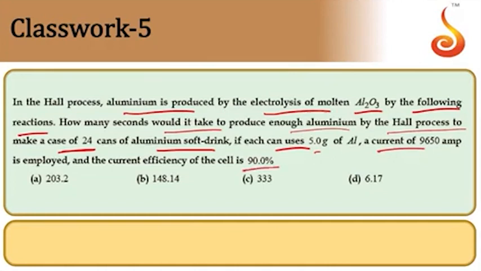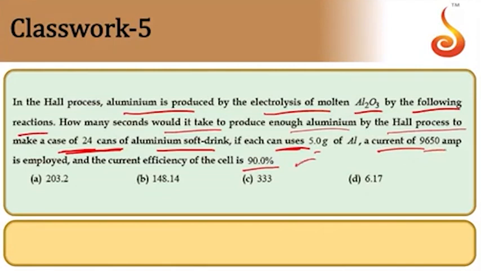So how much aluminum is required to prepare 24 cans if each can uses 5 grams and the current strength is 9650 amperes with 90% current efficiency.